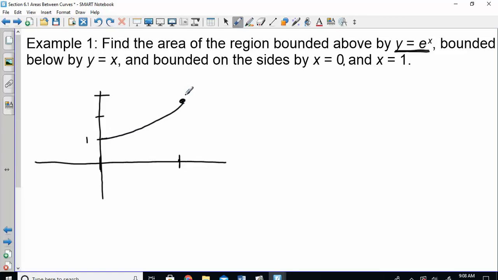So there's my top curve. Y equals x. So if you plug in your points, if you plug in 0, you get out 0. If you plug in 1, you get out 1. So we are just trying to find this area between those two things.